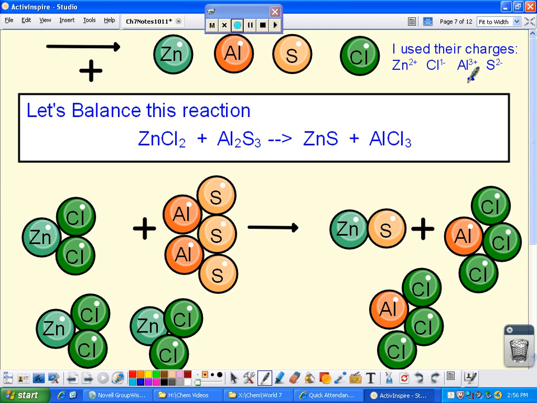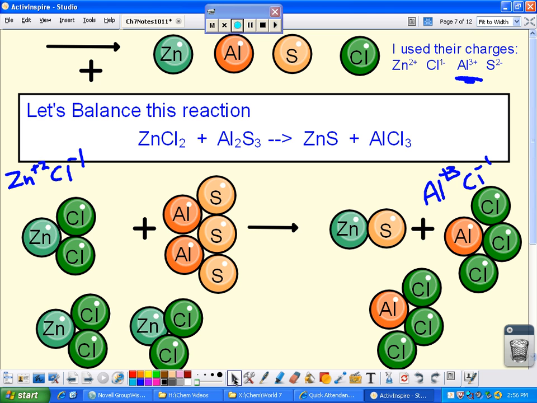Aluminum is a +3 and chlorine is a -1. So it takes 3 of these chlorines to balance out that positive charge. And then on the other side, zinc is a +2. Chlorine's a -1. So we can't just add one of these chlorines onto the zinc. It wouldn't balance the charge out. We need a whole another set of zinc chloride. So that's sorted out the chlorine, but it caused some messes. What should we do? What do we need to fix now?